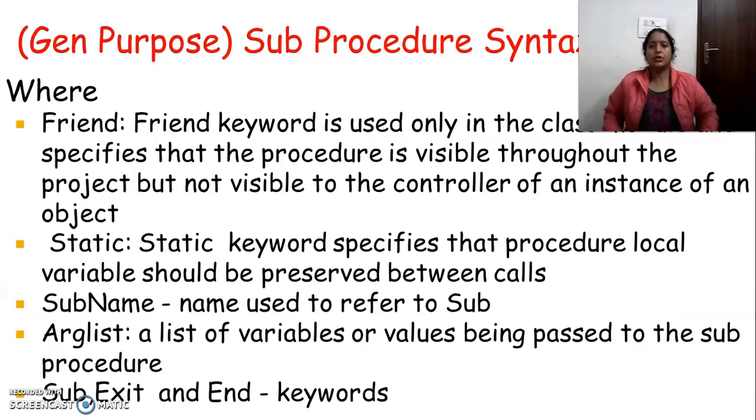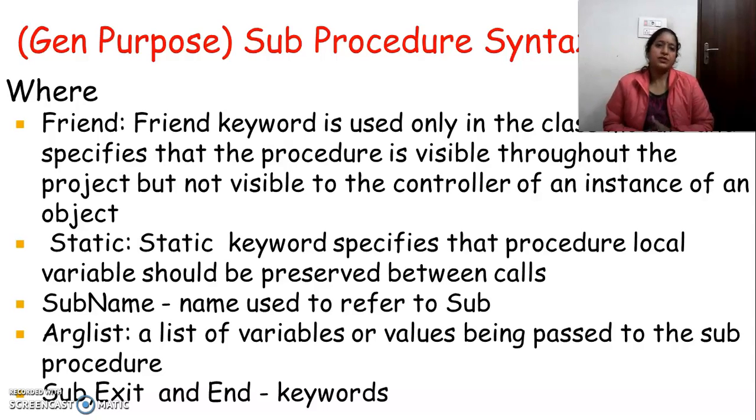Now we continue with the visibility modes. The next visibility mode is the friend mode. The friend keyword is used only in a class module and specifies that the procedure is visible throughout the project but not visible to the controller of an instance of an object.